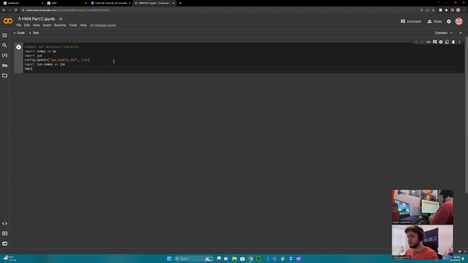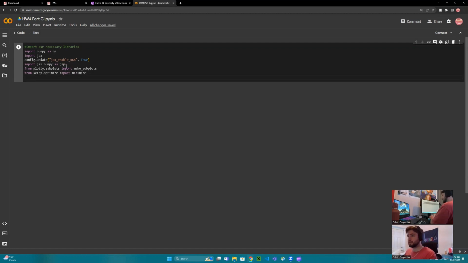Import from matplotlib pyplot, import make subplots, from scipy optimize, import minimize.